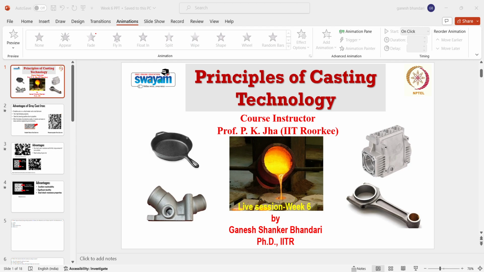It means if your freezing range is very high, very vast, then the fluidity will be more. If your freezing range is lower, then fluidity will be less. So when we talk about alloy steels, we are talking about elements added into that steel.